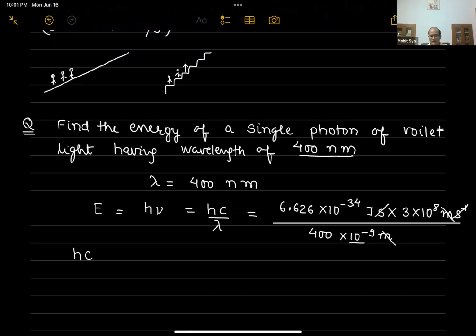And this hc is 1240 electron volt nanometer. Got it?